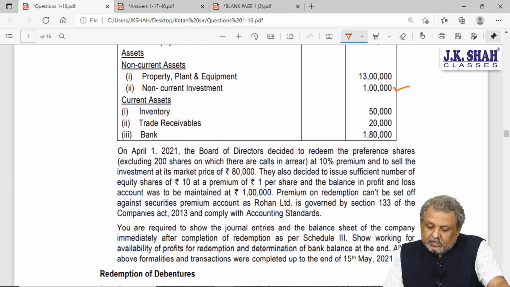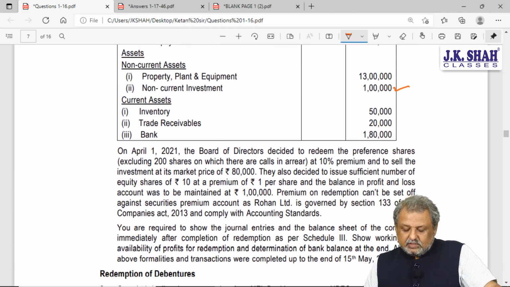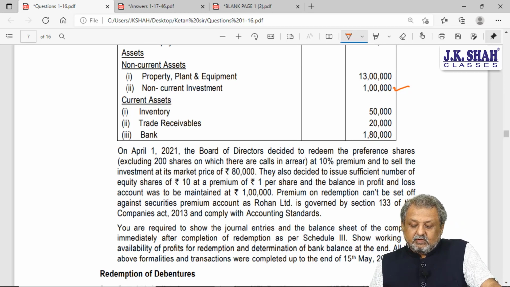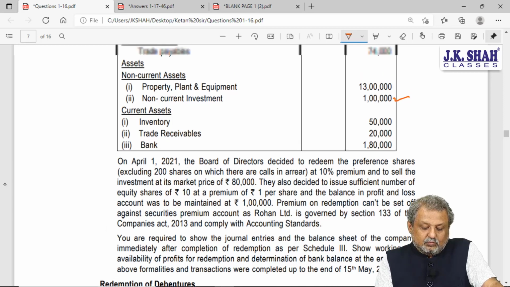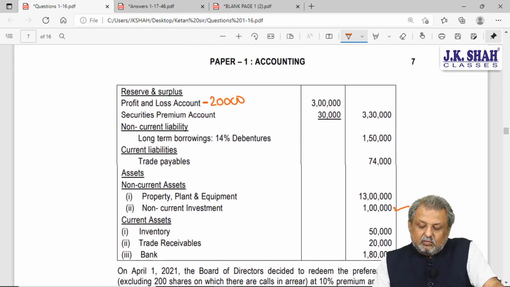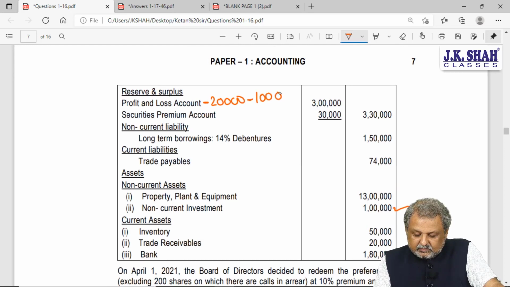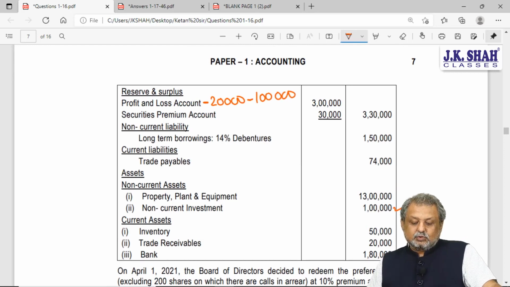Then they also decided to issue sufficient number of equity shares of 10 each at a premium of 1 per share. And the balance in profit and loss account was to be maintained at 1 lakh. So P&L, out of 3 lakhs you have to keep balance of 1 lakh. So how much can you use from P&L?